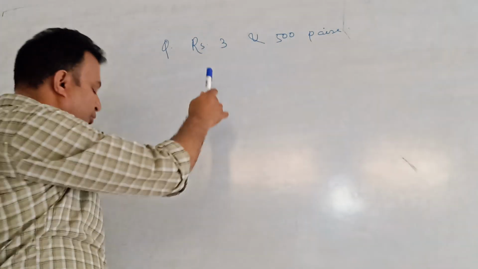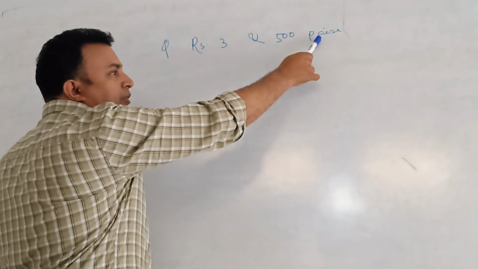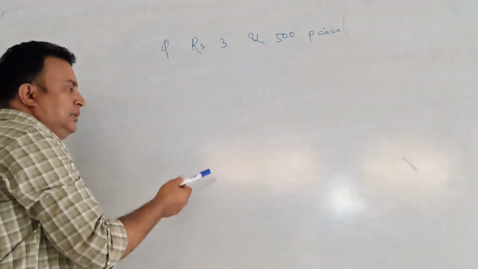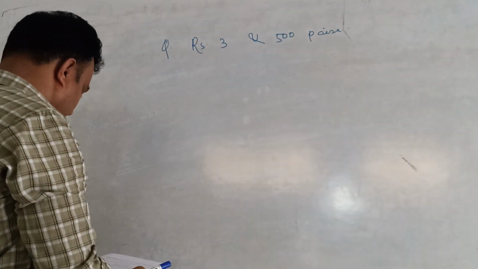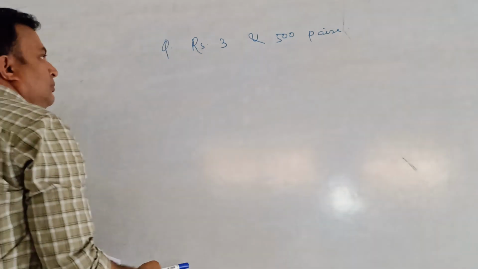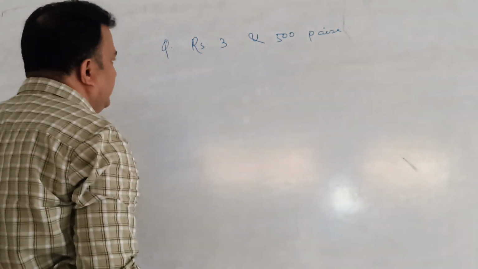Obviously, these rupees 3 can be converted into pies. So it can be determined, it can be converted into a ratio.